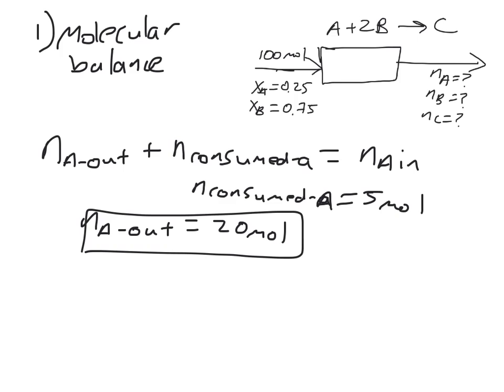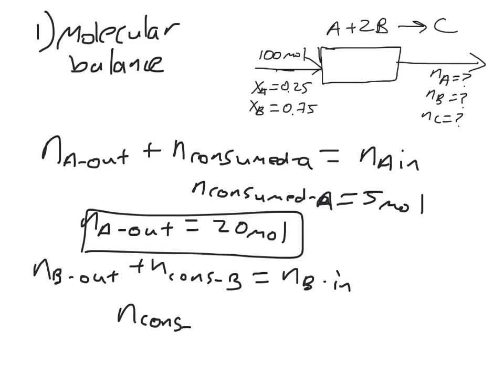And then from here, we can go ahead and calculate N_B out plus N consumed B equals N_B in. Well, since we know how much A is consumed, we can calculate how much B is consumed. So N consumed B is equal to N consumed A multiplied by the stoichiometric ratio.